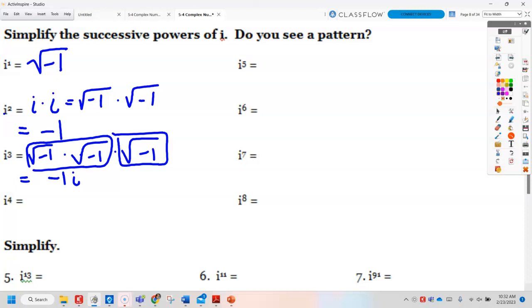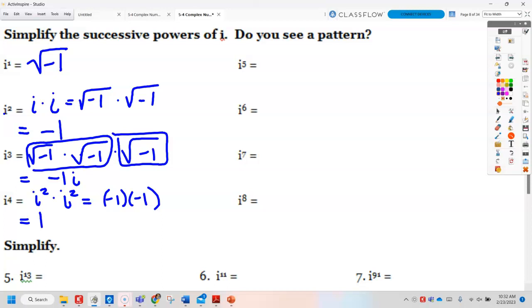So we could say i to the fourth is really i squared times i squared. And we just said that i squared was negative 1. So negative 1 times a negative 1 becomes a positive 1. So all i to the fourths are going to get replaced with 1.